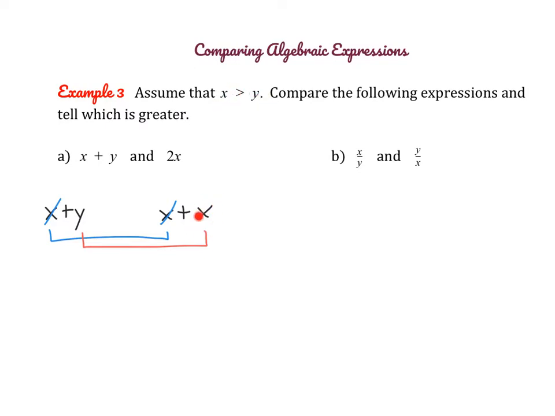So that means that the right side is bigger than the left side, again, because x is bigger than y. So we can write the statement that x + y is less than 2x.